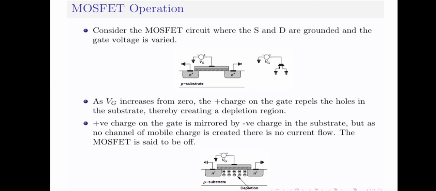The positive charge on the gate is mirrored by the negative charge in the substrate, but no channel of mobile charge is created and hence there won't be any current flow. So the MOSFET is said to be off in this state, when source and drain are grounded and the gate voltage is varied.